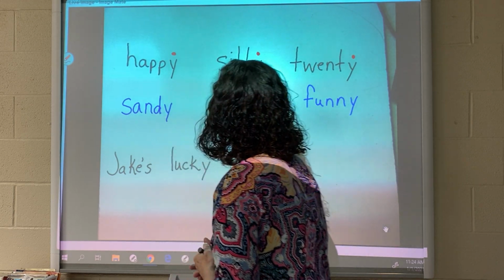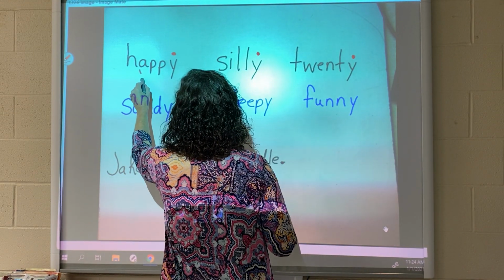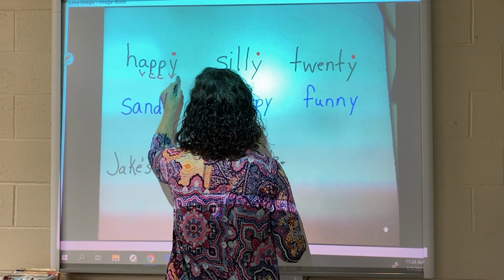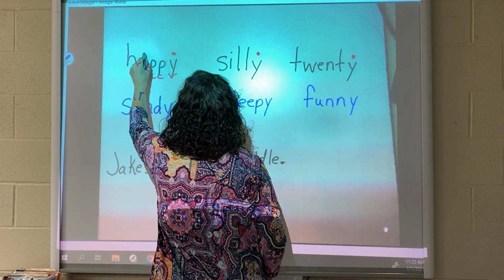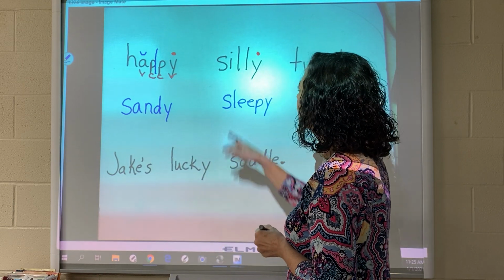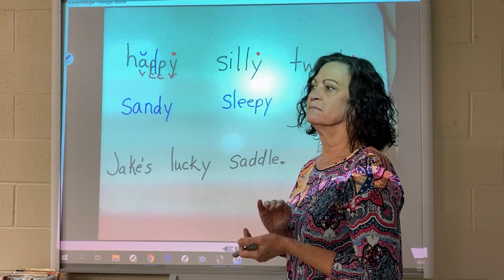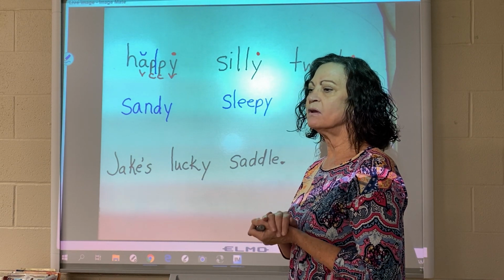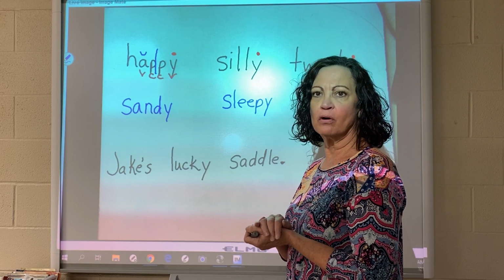All right, and then I have to code the rest of the word. I have vowel, consonant, consonant, vowel, because that Y is now a vowel. And I code my vowel, and then I separate my word. Y, that says long E at the end of a word, is going to be in a 2 or 3 syllable word.